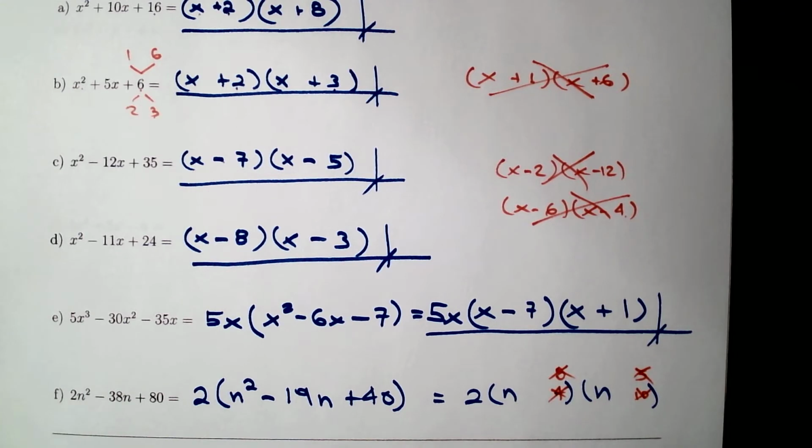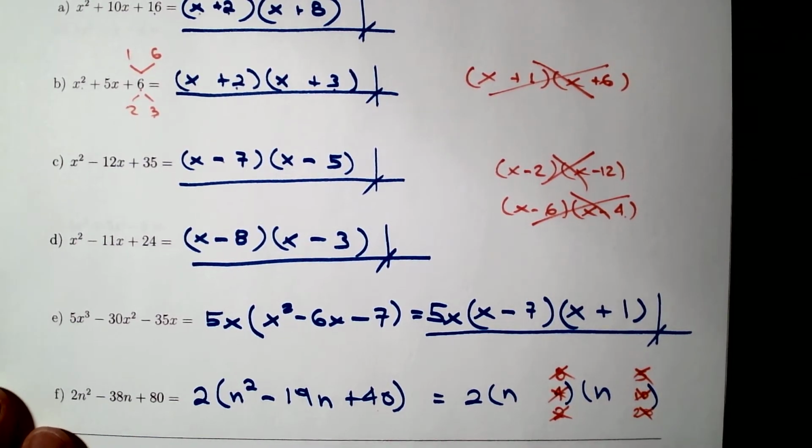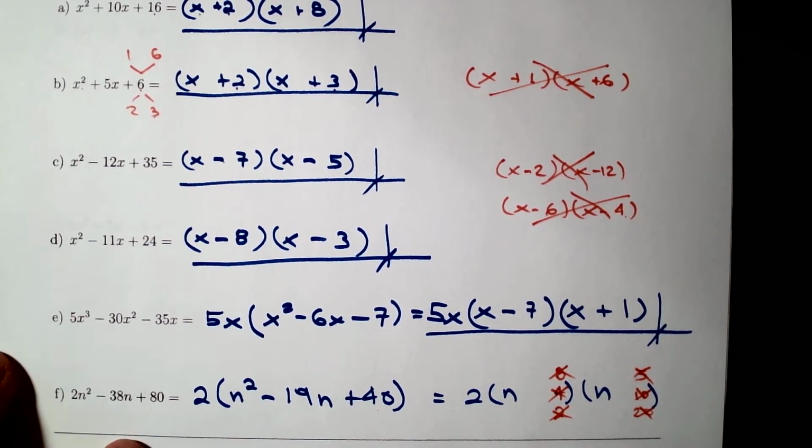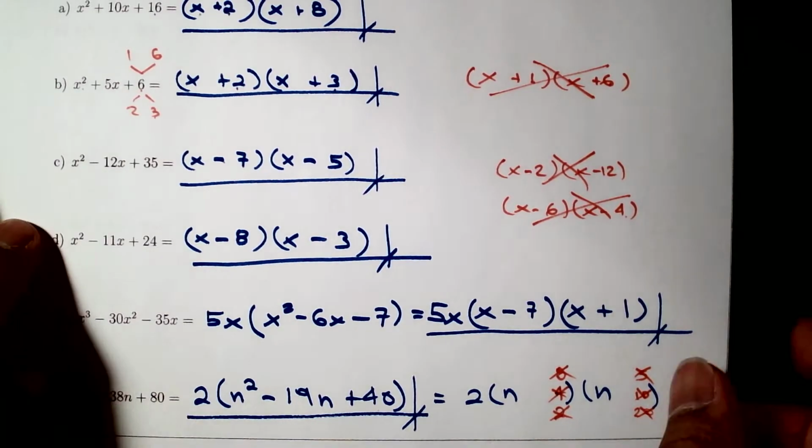So I cannot use that one. What about 2 times 20? 2 times 20 is indeed 40, but 2 plus 20 is not negative 19. So it looks like we exhausted all possibilities. We cannot go any further by double bubbling it. All we can do is a simple GCF like in the previous section.